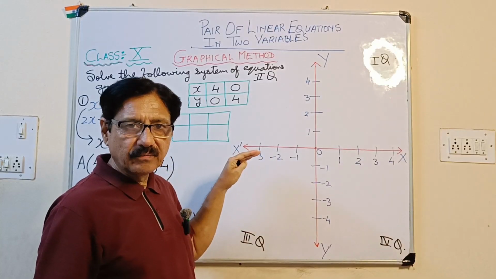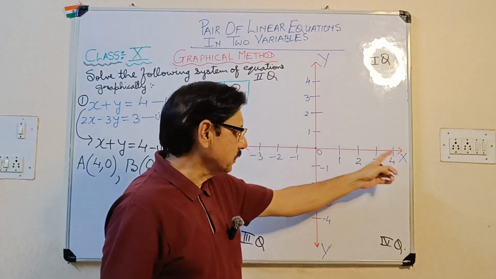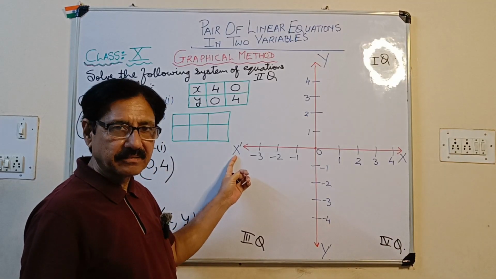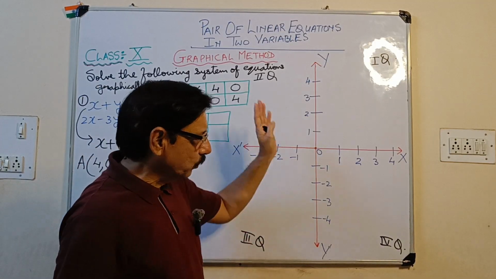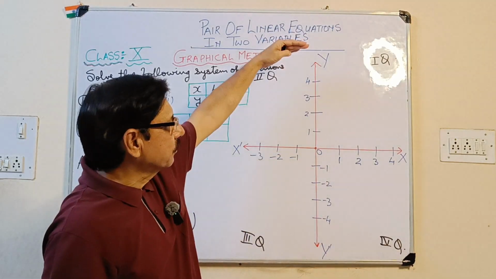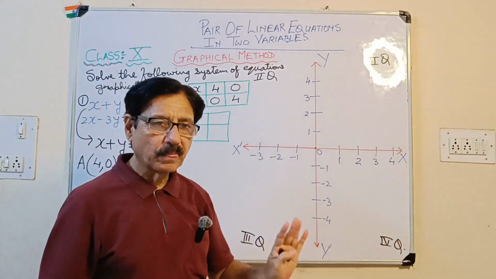You can divide the graph paper into 4 quadrants. This is x dash, x is positive, x dash is negative, that's why -1, -2, -3, and no need to write more. And here in y and y dash, y above is positive, below is negative.